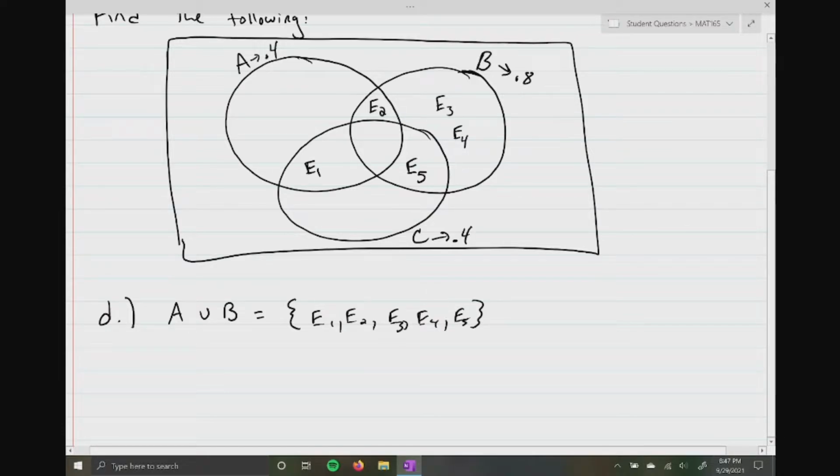Now, if I find the probability of that, I'm going to add all these probabilities up. So that's going to be 1/5 plus 1/5 plus 1/5 plus 1/5 plus 1/5, or 5/5, which equals 1. Okay? Now, let's go ahead and do part E.